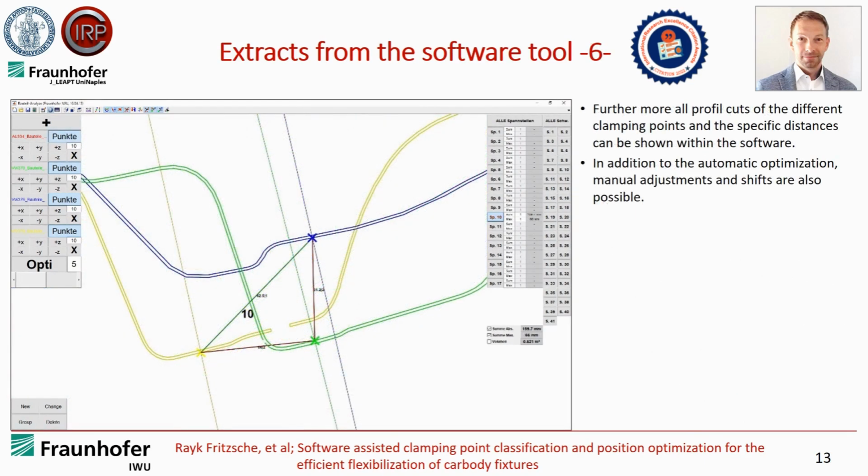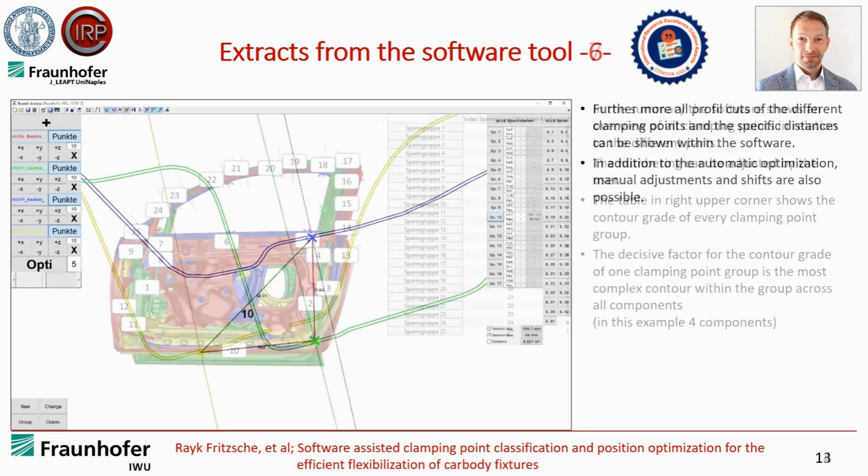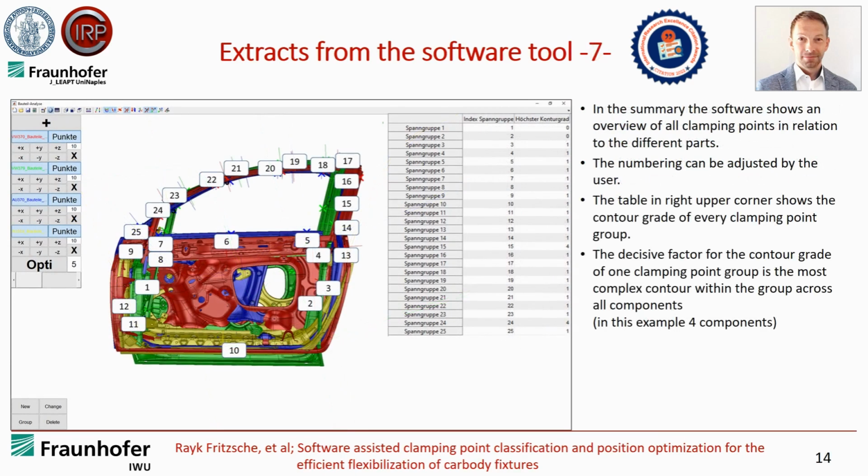Furthermore, the software can show us all the profile cuts of the different clamping points and the specific distances between the points. In addition to the automatic optimization of the software, it's also possible to do some manual adjustments and shifts to the clamping points. In the summary, the software shows an overview of all clamping points in relation to the different parts. We can also see the alignment of the different parts together.